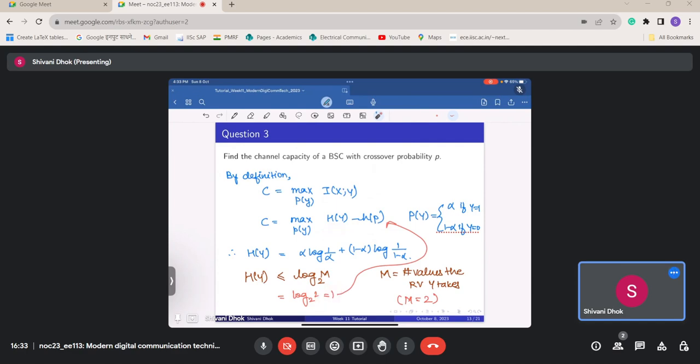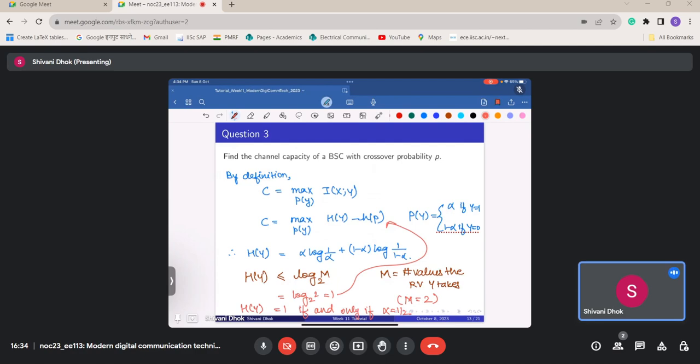This inequality is achieved with strict equality when both these values are equiprobable, that is alpha equal to half, and H(Y) is equal to 1 if and only if alpha is equal to half. Okay, so this we know.